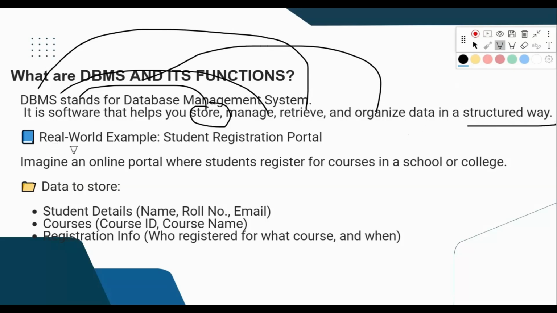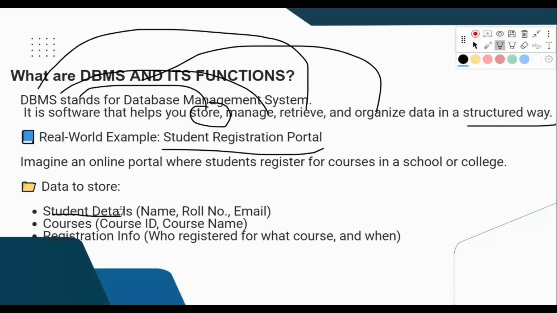Now let us understand the student registration portal. Like earlier, at the beginning of this video, I explained the use case of student registration details. Imagine an online portal where students register for a course in a school or college.